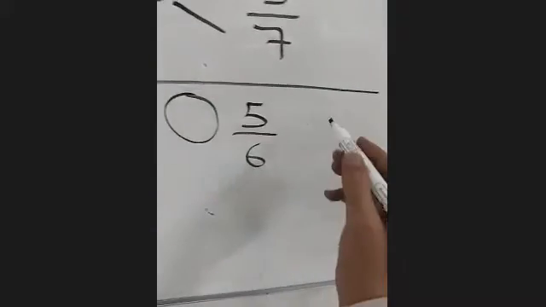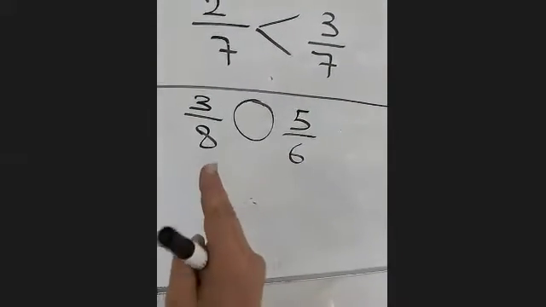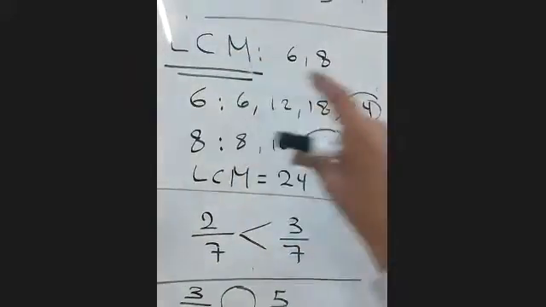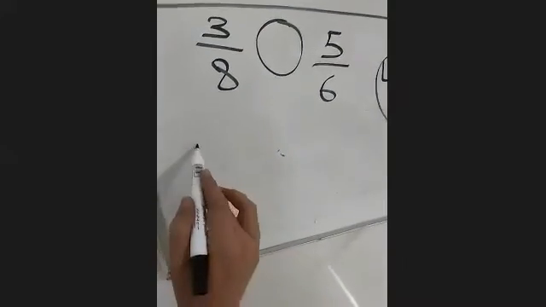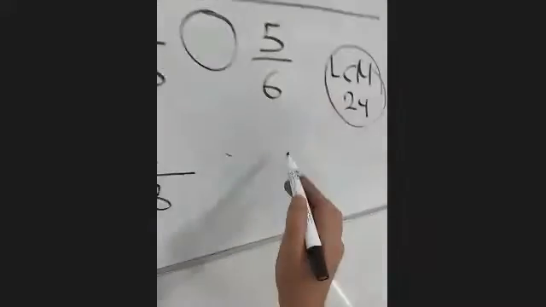So first step, we will find the least common multiple of 8 and 6, which is 24, right? Now I will take 3 over 8 down here, and I will take 5 over 6 down here.